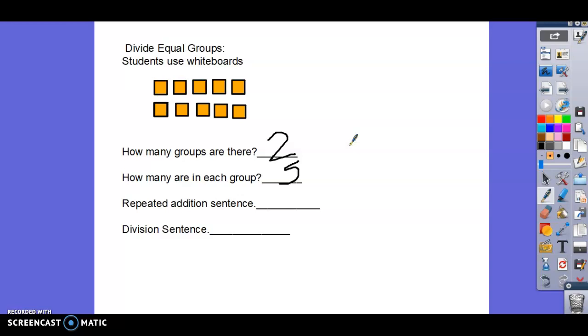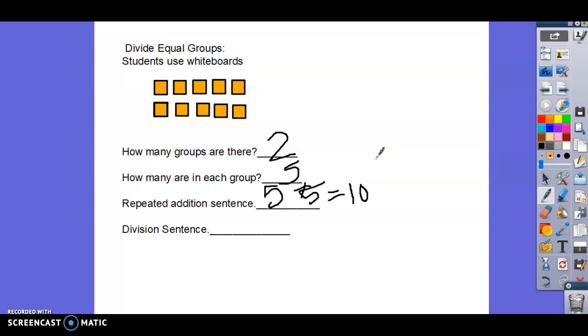No, because look, how many groups do I have? I have 2 groups of 5. So what would my repeated addition sentence be? 5 plus 5. Good, it would be 5 plus 5. So 5 plus 5 equals how many? 10.